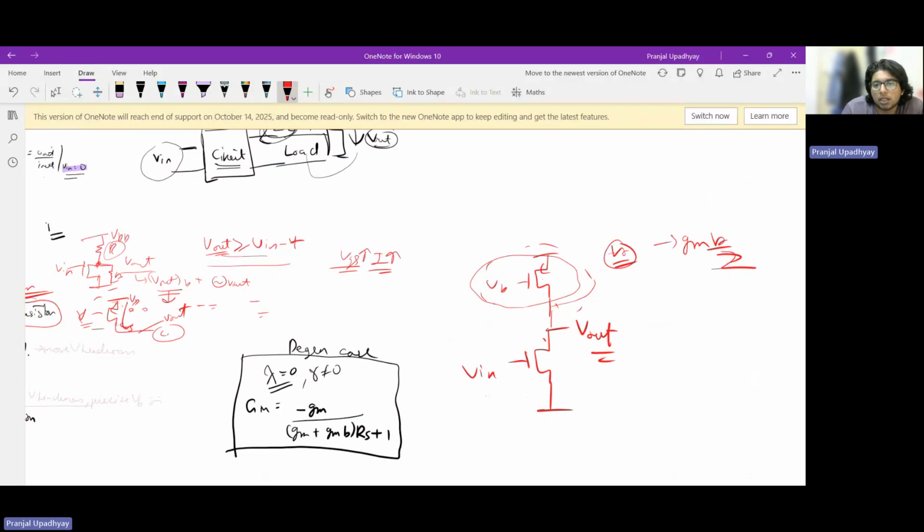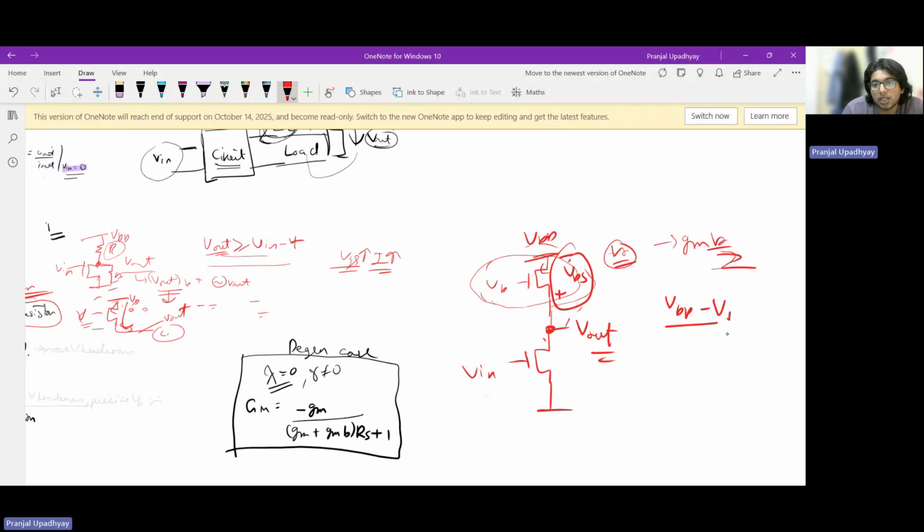And the idea that I want to convey here is that this transistor needs a minimum VDS so that it remains in saturation, right? And we know that if this is VDD, the output has to be how much? Output can be at most, because if this increases, this VDS drop will decrease, right?